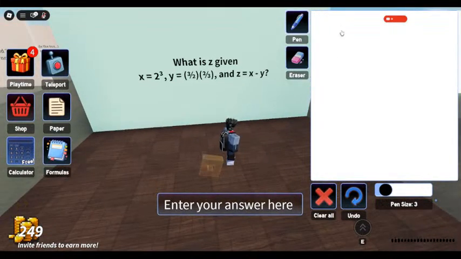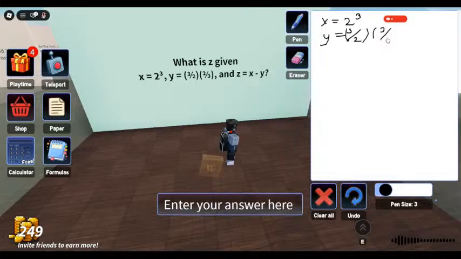Now in here, x is equal to 2/3, y is equal to 3/2 times 2/3, and z is equal to x minus y. We have to find the z, so we have to input x and y here. Then we cannot multiply this, so 3 divided by 2, 2 divided by 3.